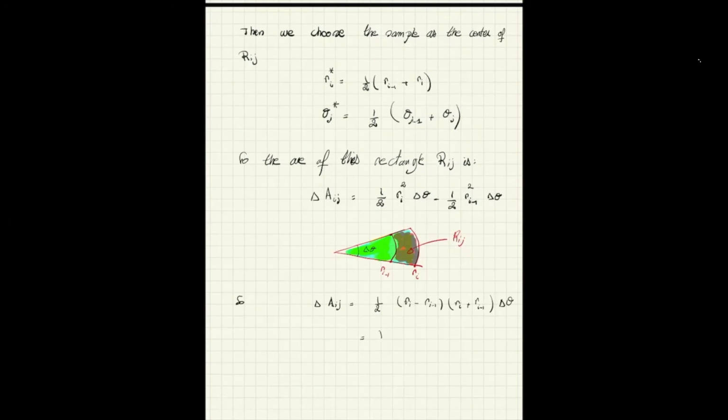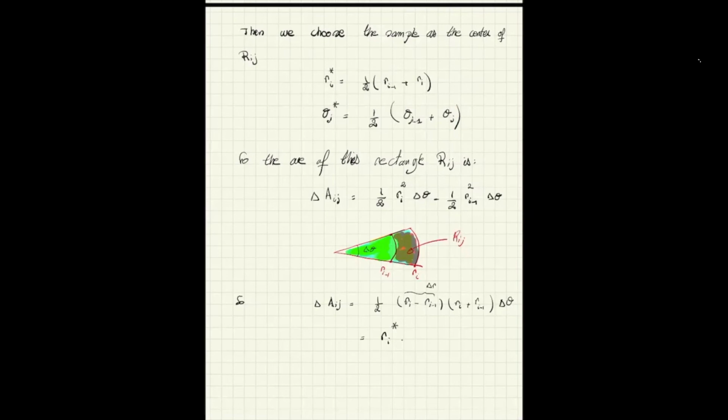Which will also be, if you go back, exactly R_i star times delta r.